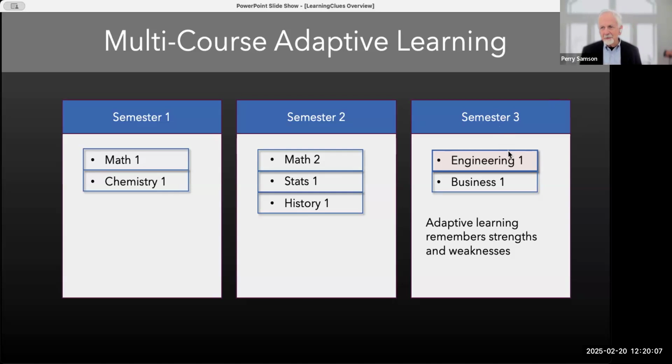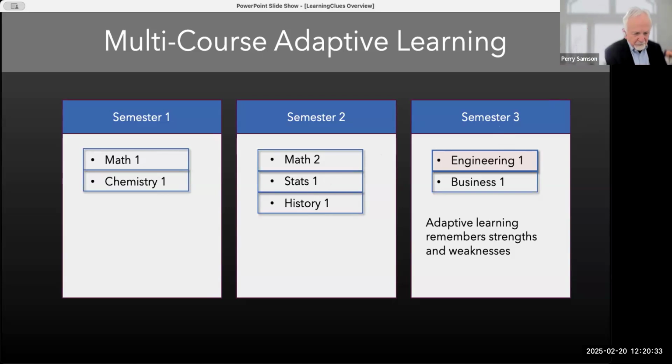When you're in the engineering course in semester 3 and you ask a question, probably the answer is going to come from the engineering 1 course, but it's possible that there's something in there about statistics that you had last semester. It will go back into that course and pull up information from that course, or maybe a Math 1 course, even from the first semester.